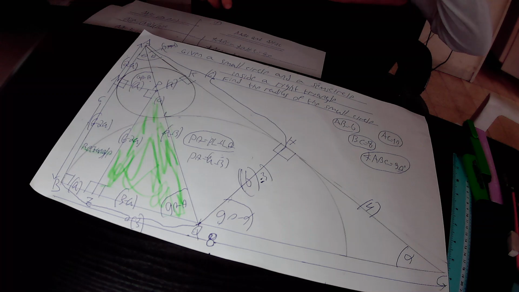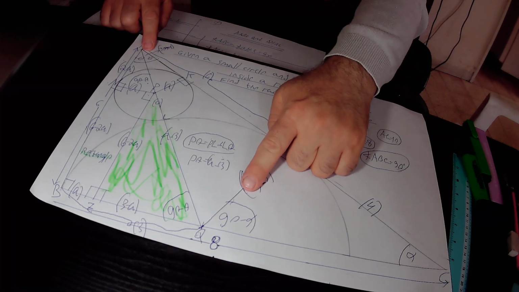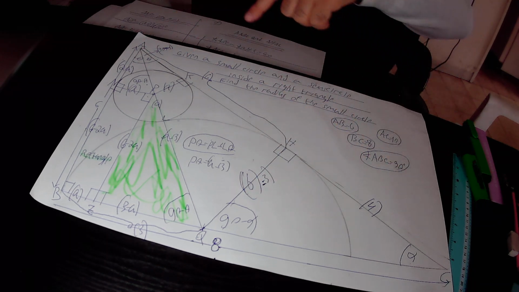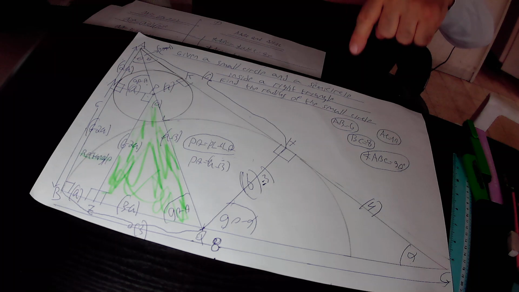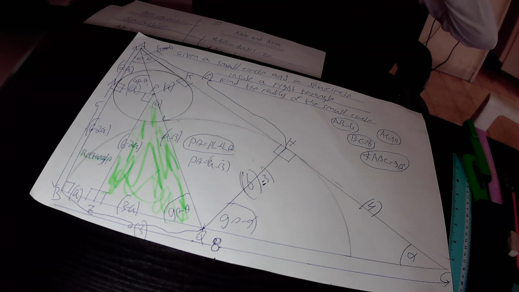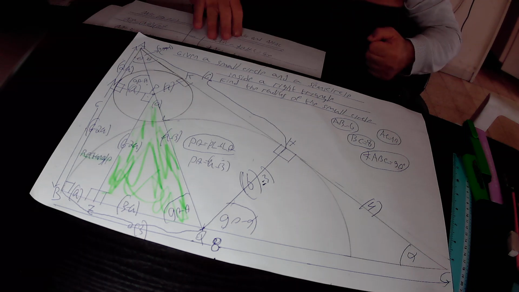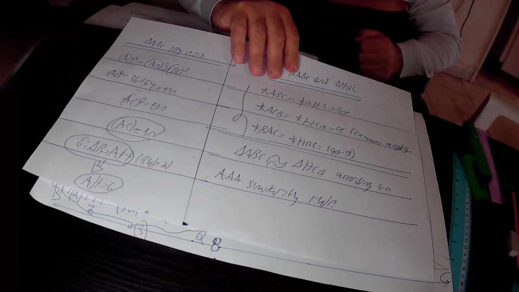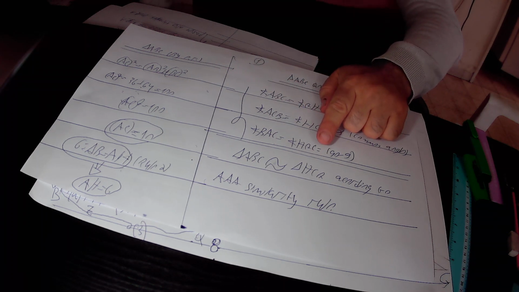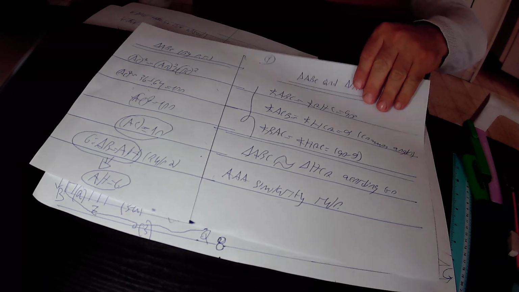And finally, those two angles are both equal to 90 degrees minus alpha, therefore they are equal to each other. So we have proved that all the angles of the big right triangle ABC are correspondingly equal to all the angles of the right triangle HQC, therefore those two right triangles are similar to each other according to the angle similarity rule. To repeat, the big right triangle ABC is similar to the small right triangle HCQ according to the angle similarity rule.